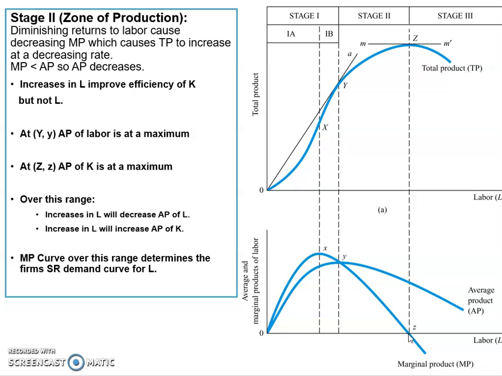We're also going to see as we progress that because we know the firm will choose somewhere in the zone of production, this marginal product curve that we've derived in this zone will later on determine the firm's short-run demand for labor. But for now, we can hold off on that.